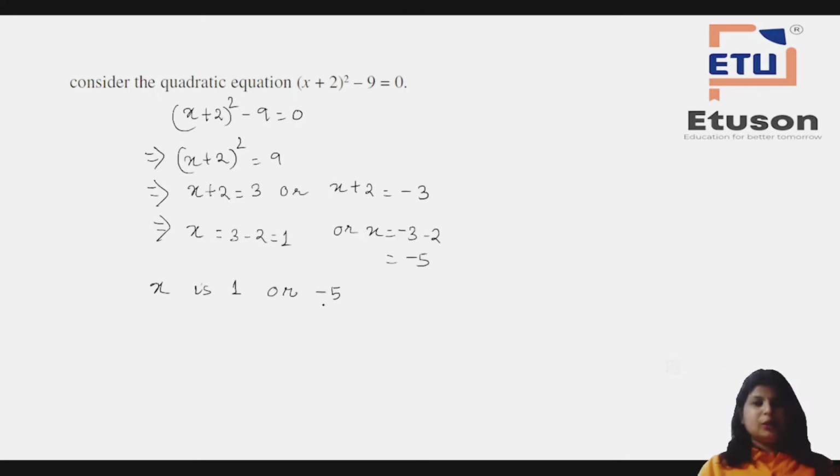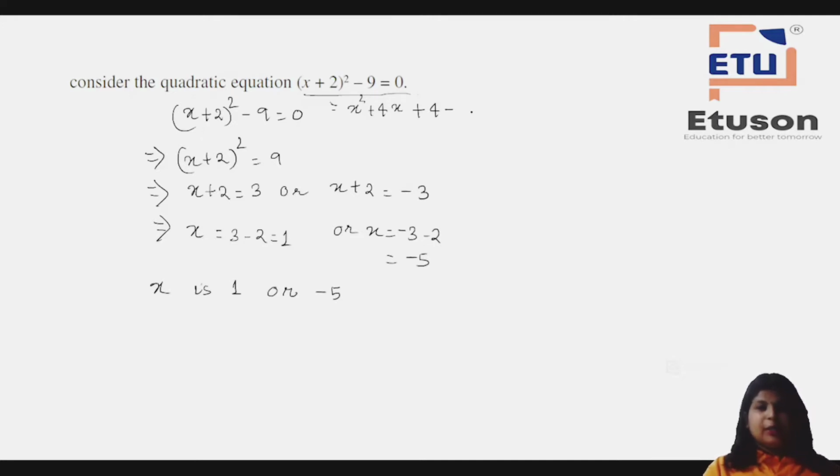So have you realized that this particular expression x plus 2 whole square minus 9 equal to 0, if you want to expand it, how much will it be? It will be x square plus 4x plus 4, that is a square plus b square plus 2ab.